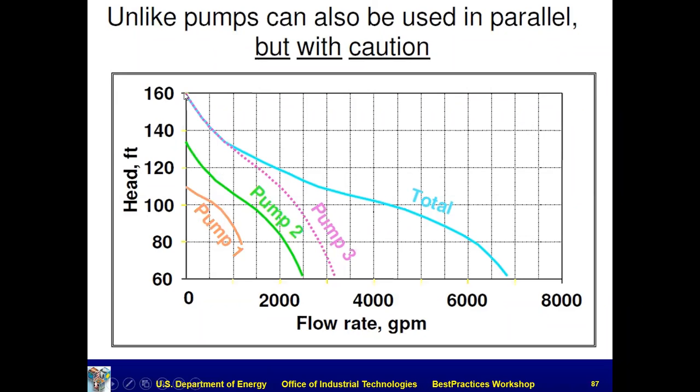Okay, well, we can start up here at high heads. Up here at 140, guess what? Pump number 3 is the only one that's strong enough to produce any flow. Its shutoff head is 160, so from 160 down to about 132, 133, the combined total pump curve is just the curve for pump 3, because it's the only one that's strong enough.